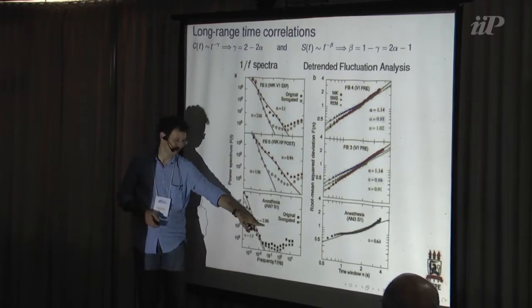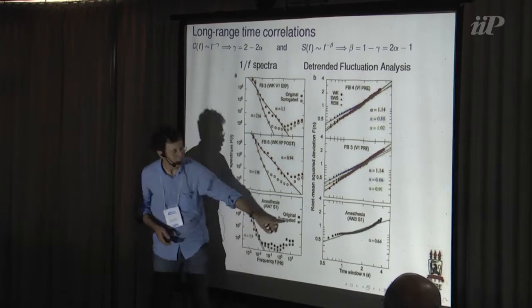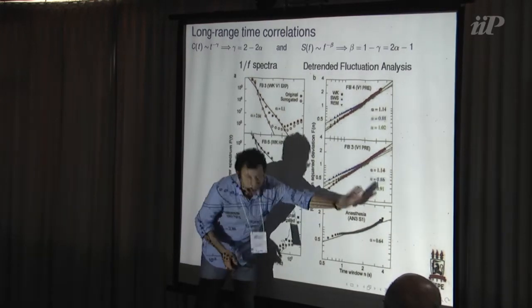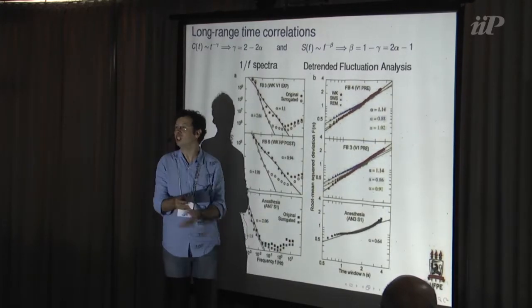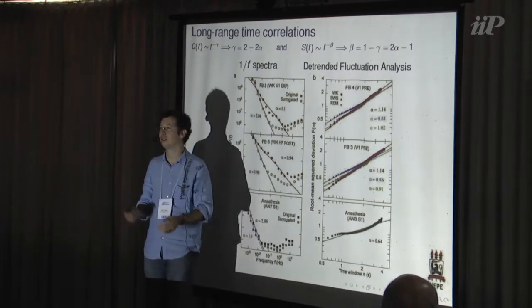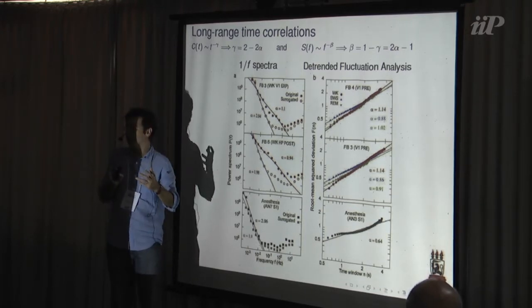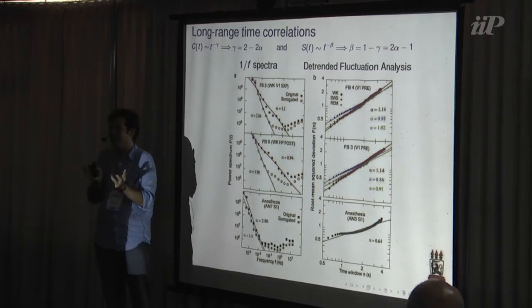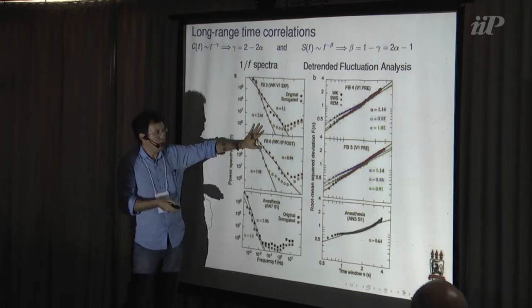It's like a Poisson process, like 1/f squared. And if you do DFA, this is not even a straight line. We just put in a straight line to show that the data is not a straight line, and if it were, it would have a poor exponent. So in time domain, I don't see any signs of criticality in anesthesia.